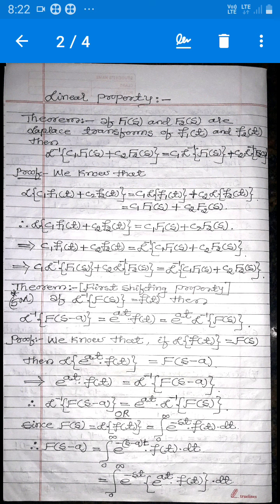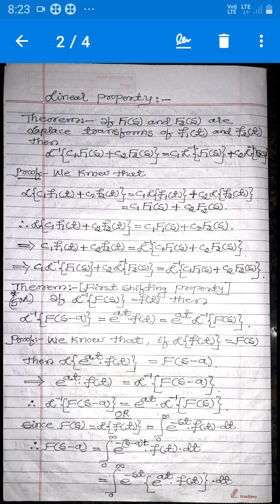Theorem: if F1(s) and F2(s) are Laplace transforms of f1(t) and f2(t), then L inverse of c1 F1(s) plus c2 F2(s) is equal to c1 times L inverse of F1(s) plus c2 times L inverse of F2(s).